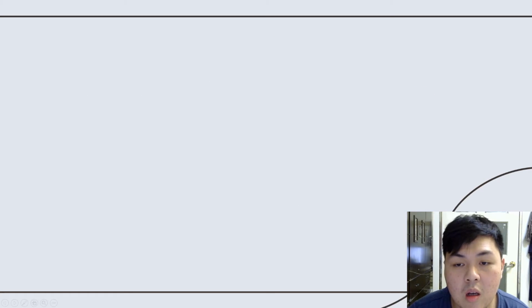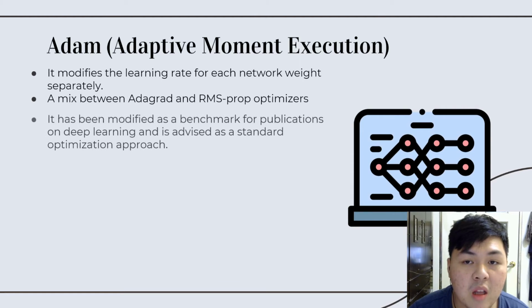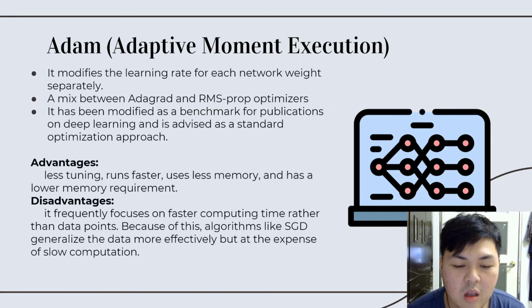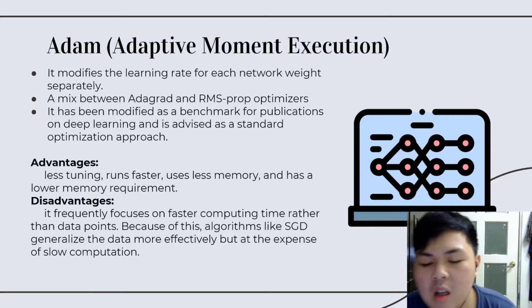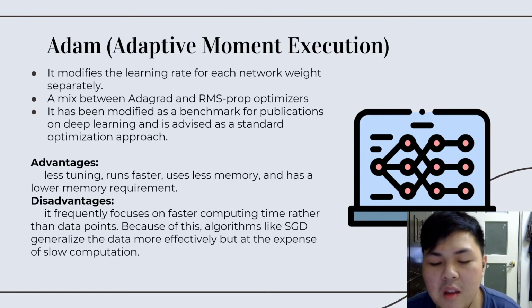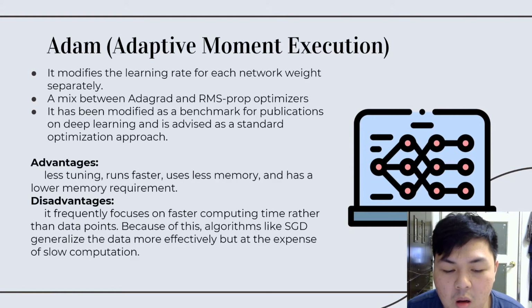Now, as we go to ADAM, or adaptive moment estimation, in order to update network weights during training, this optimization algorithm is a further extension of SGD. The ADAM optimizer modifies the learning rate for each network parameter separately, unlike SGD training, which maintains a single learning rate.